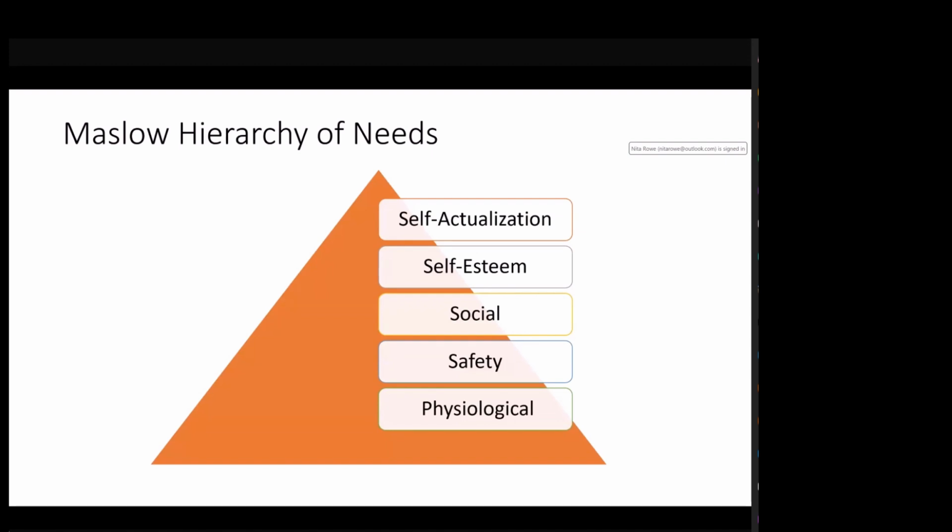Again, know the different levels of Maslow's hierarchy of need. Know what is involved in each one, right? So that way, again, I'm going to give you an example or a scenario, and I'll say, okay, what level of Maslow's hierarchy of need is this person in?